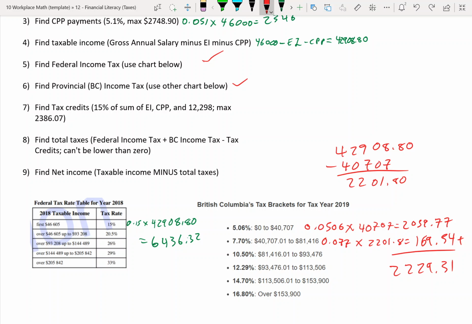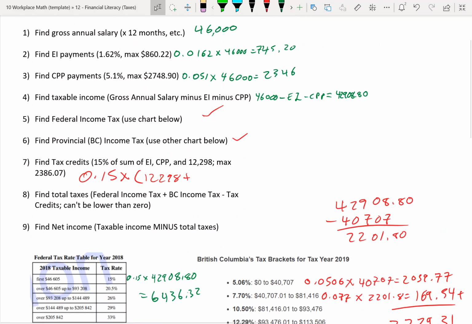So what you do, there's more, but we're just going to do the very basics. So it's 15% of a basic amount that everyone gets, the CPP, and the EI. Okay, so I'm going to say 0.15 times, and I'm going to add these three numbers together. So the 12,298 plus the EI, which we calculated up here, was 745.2 plus the CPP, which was 2346.